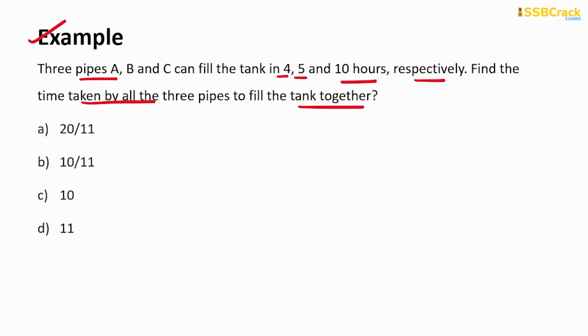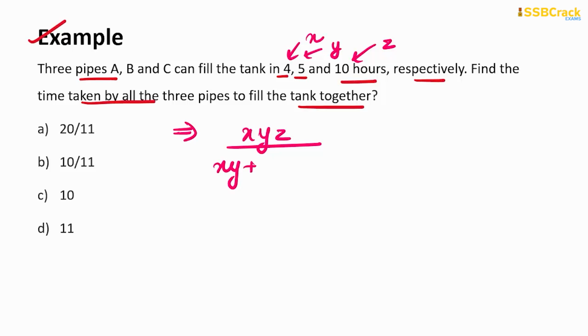So we have already known the formula for this case. Here we can see that our x is 4, our y is 5 and our z is 10, right? So the required formula is xyz divided by xy plus yz plus zx, right? So this is the time period taken by all the 3 pipes together to fill the tank.